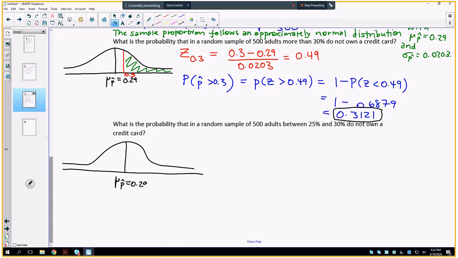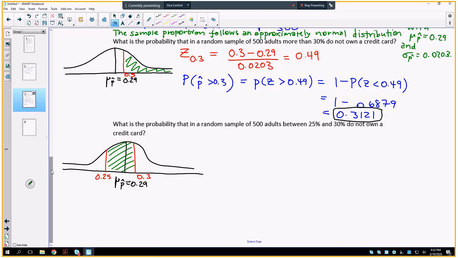The problem has asked us about the values 30%, which we can convert to a decimal and call 0.3, and 25%, which is 0.25. So one is smaller than the mean of the sampling distribution, one is larger, and we're looking for how much is this area in between.